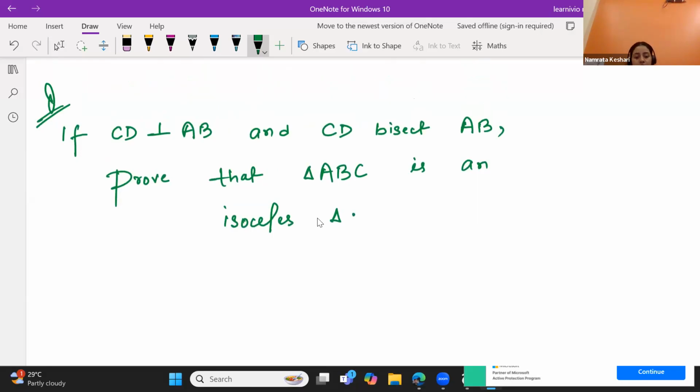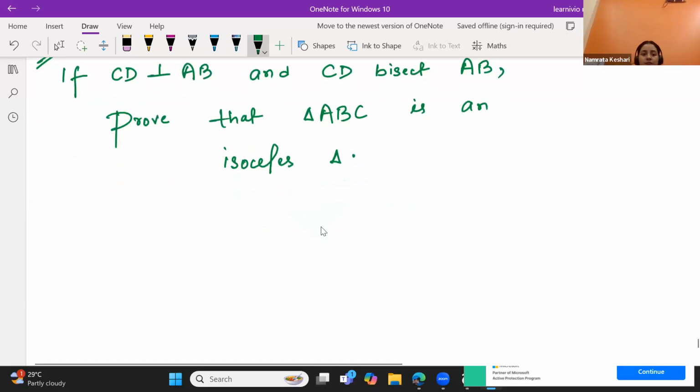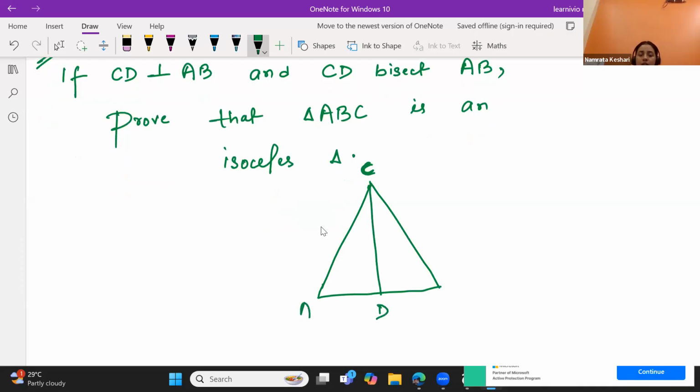Let's draw the figure and think about it. What can be done over here? CD is perpendicular on AB. We have triangle ABC, and CD is perpendicular, so let's drop CD perpendicular on AB.